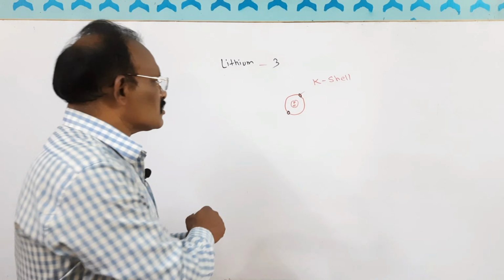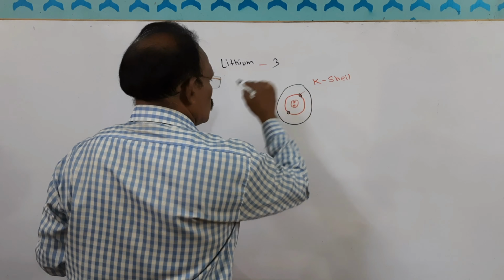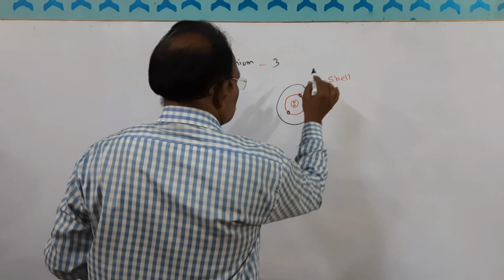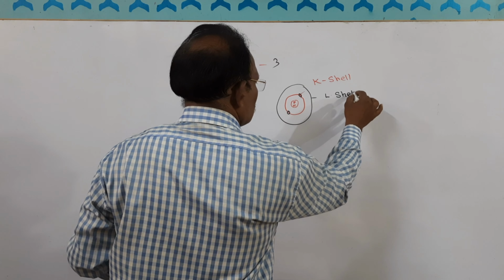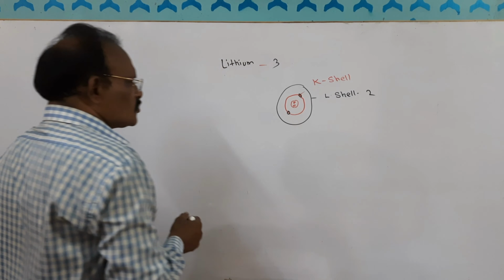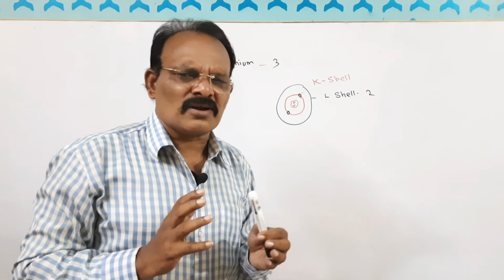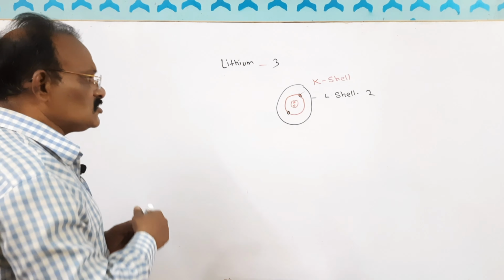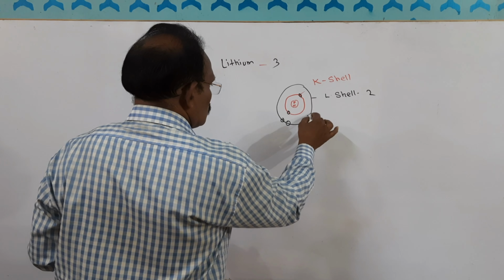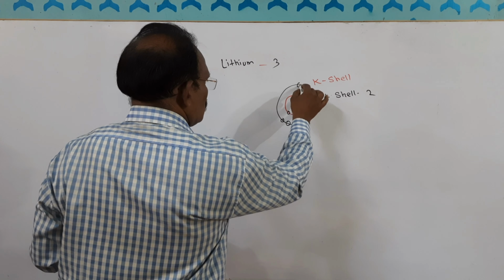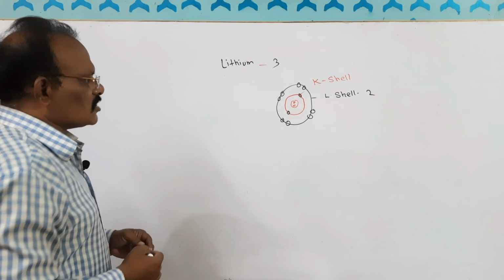The third will revolve in another shell, shell number 2. If the first is K, then this is the L shell. In the L shell, the maximum number of electrons that can revolve is 8, not more than 8.